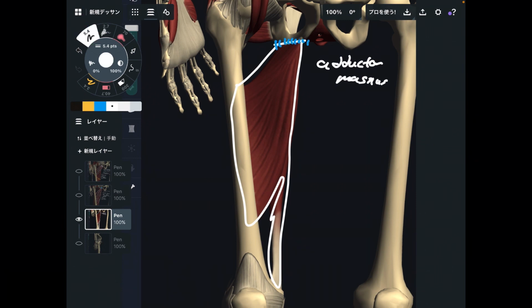There are three places. First place is inferior ramus. You see that, right? You saw that inferior ramus for adductor brevis. Next part is ischiopubic ramus.